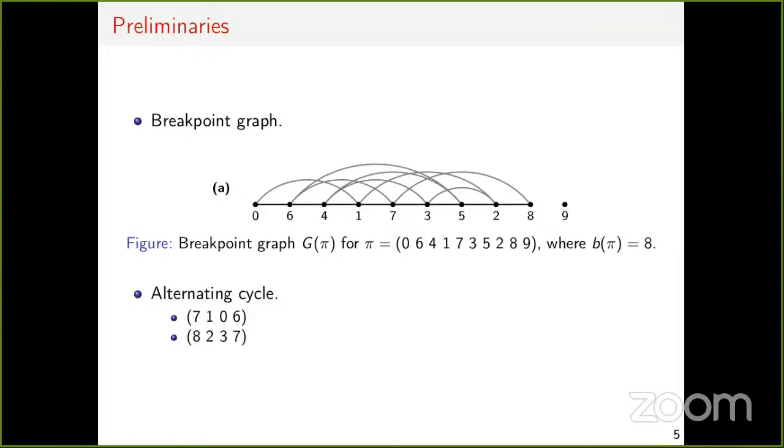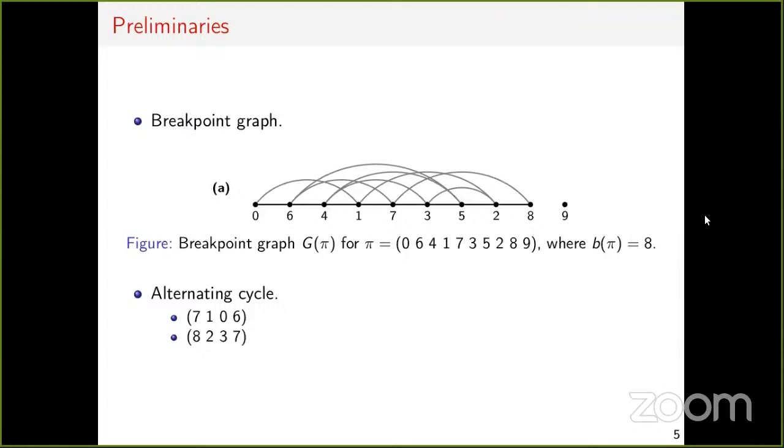For example, if two elements are consecutive in the permutation, but not consecutive in the identity permutation, they have a black edge connecting them in the breakpoint graph. For example, the elements 0 and 6 of this permutation pi are consecutive, but not consecutive in the identity. So there exists a black edge connecting them. The same goes for 6, 4, and so on.